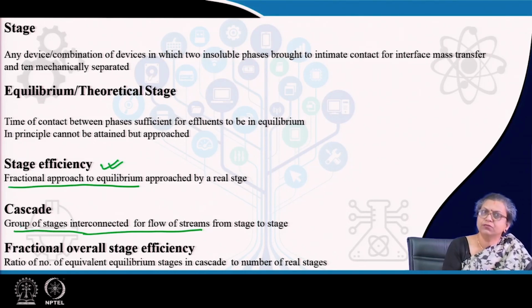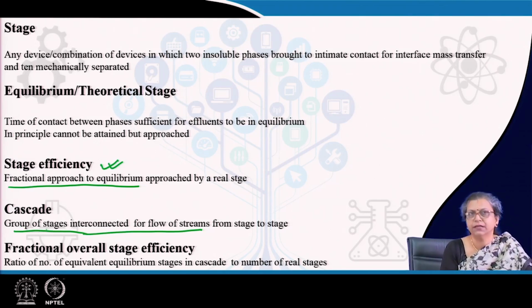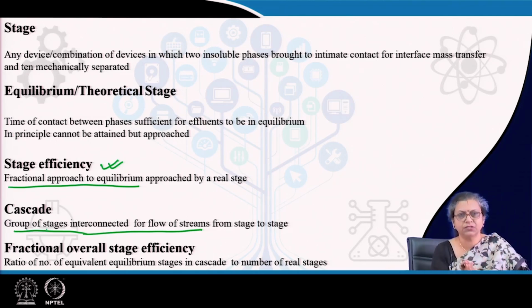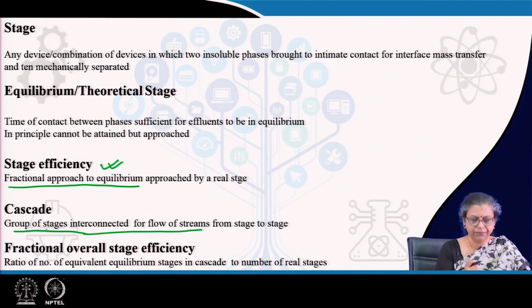For any particular separation, we need to find out the number of stages that are required in the cascade. How do we go about it? We assume that all the stages in the cascade are ideal stages or equilibrium stages. That is, in each stage, when the two phases are contacted and then separated, the two phases that are separated are at equilibrium with each other. Again, you have to remember this never happens.